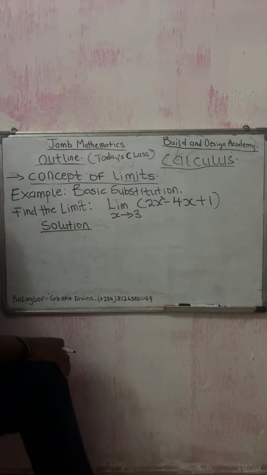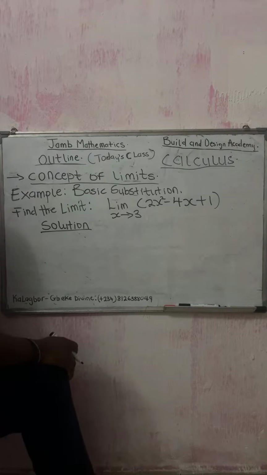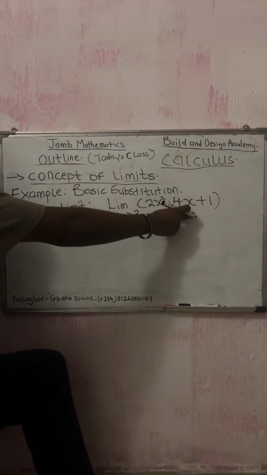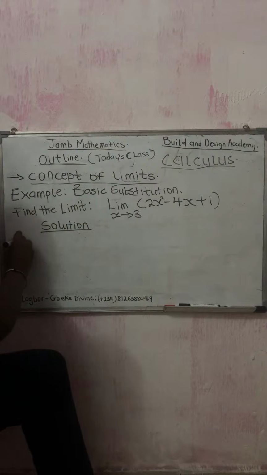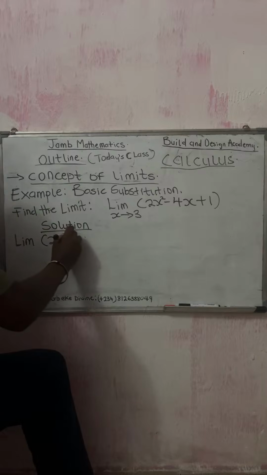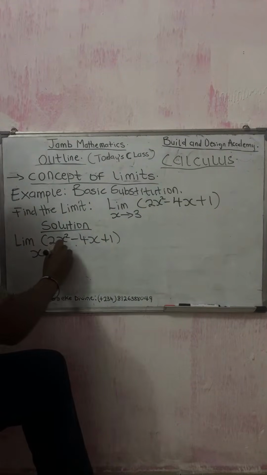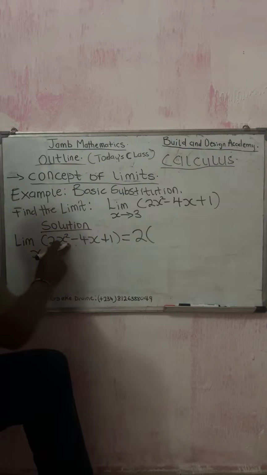Since it's a polynomial, it is continuous everywhere. We can find the limit by simply substituting x equals 3 into this expression, then calculate for our final answer. So we have that the limit of 2x squared minus 4x plus 1 as x approaches 3 will be equal to 2 into, anywhere we see x, we put 3.